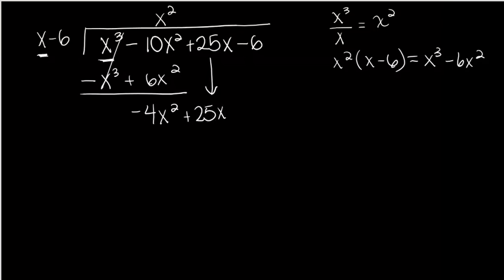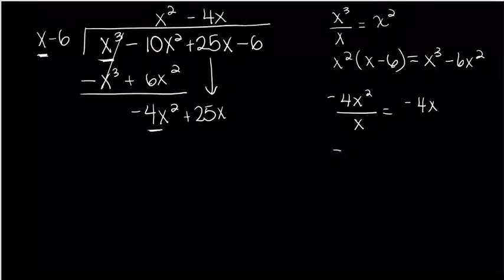I'm going to do the same thing that I did here. I'm going to take my first term, which is negative 4x squared, and divide it by that x, and it gives me negative 4x. I'm going to place this on top of my x term that's under the division sign.